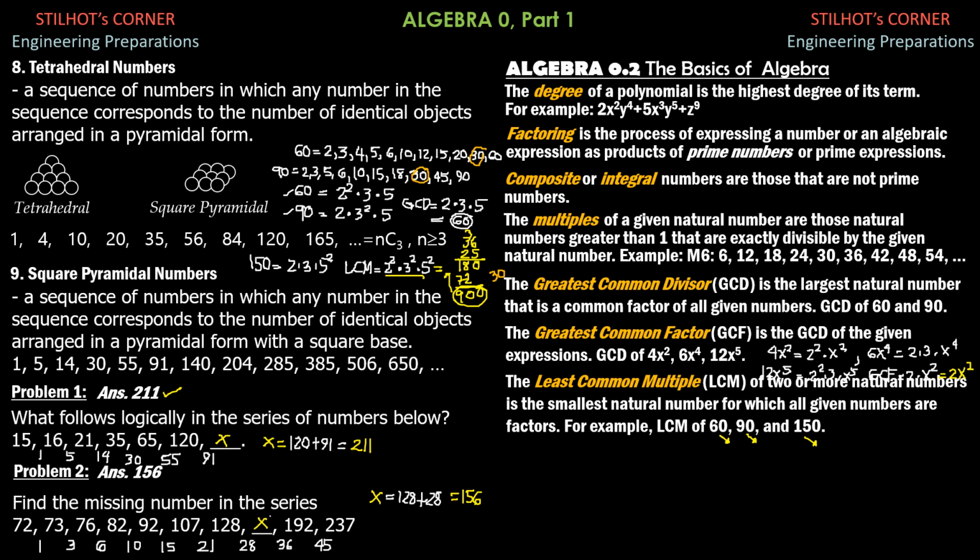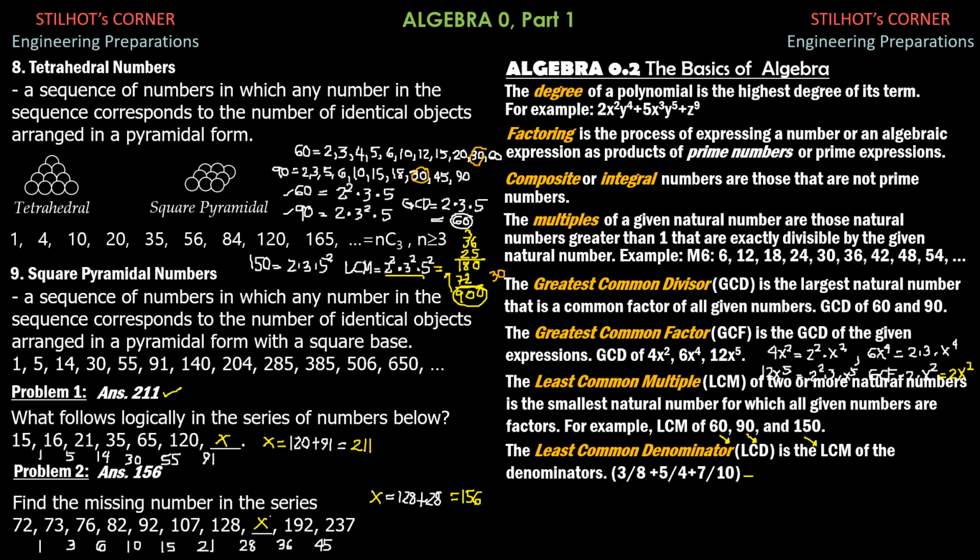Next is the least common denominator. The LCD is simply the LCM of the denominators, and we use this in adding fractions manually. This is good in elementary and high school, where you are not required to use the calculator.